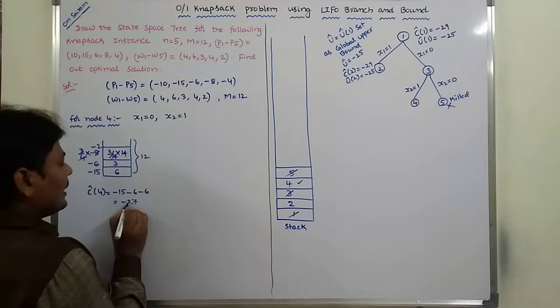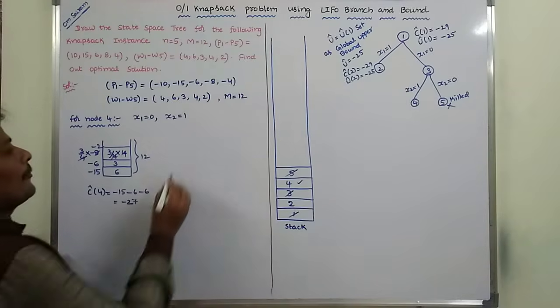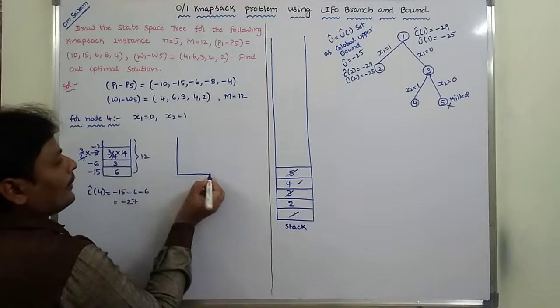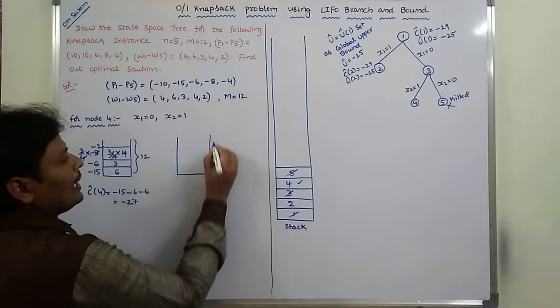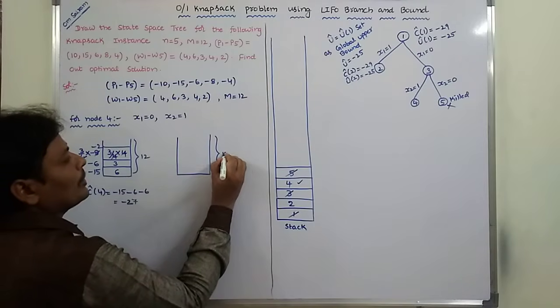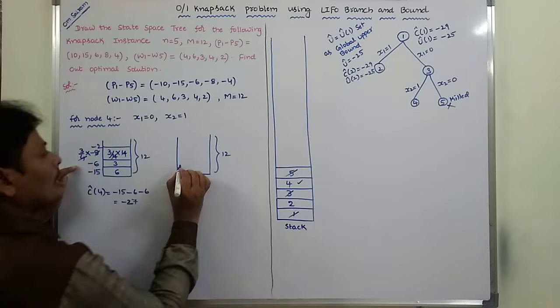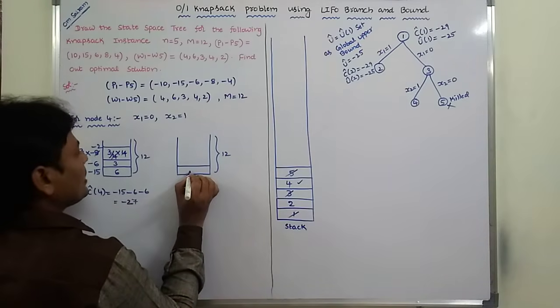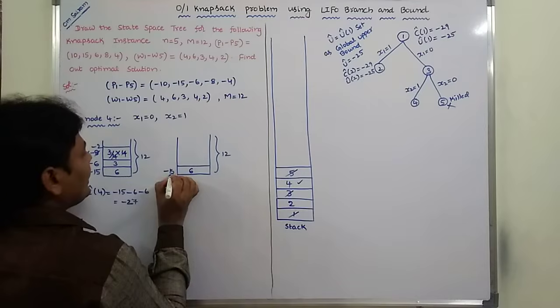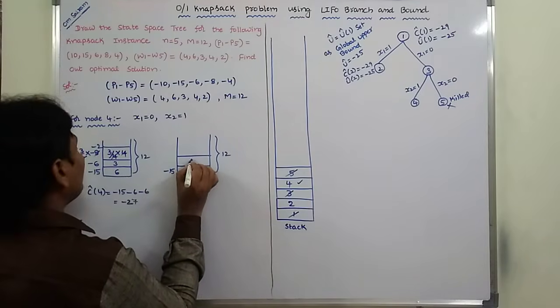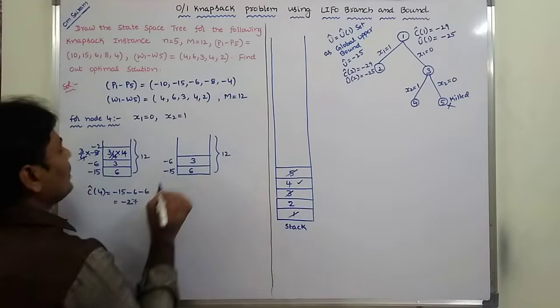Now, while calculating U cap, fractions are not allowed. Fractions occur while placing the fourth object into the knapsack. Up to the second and third objects, there are no fractions. The second object is completely placed into the knapsack, and the third object is completely placed.